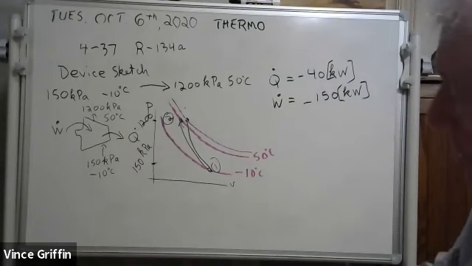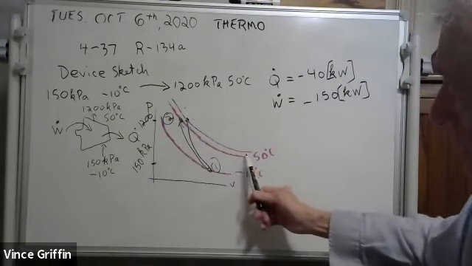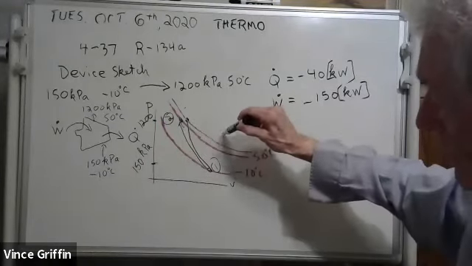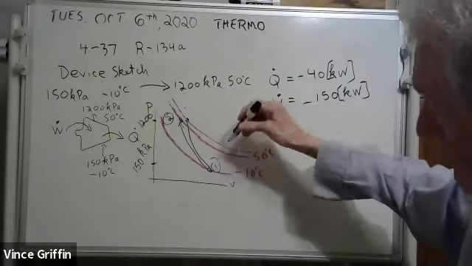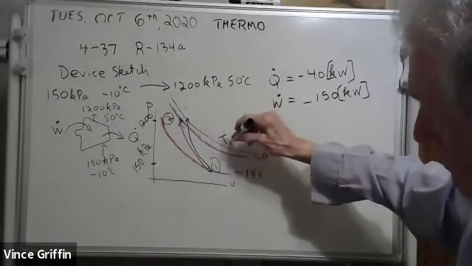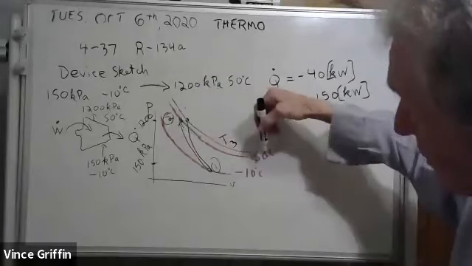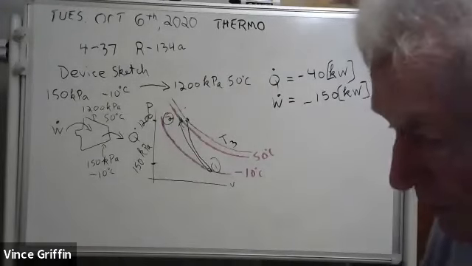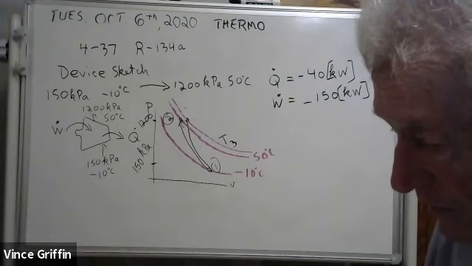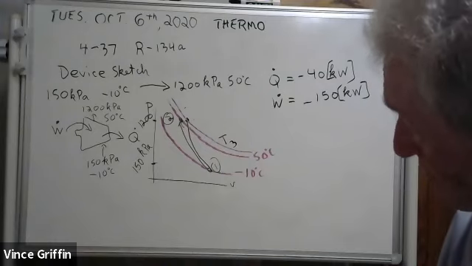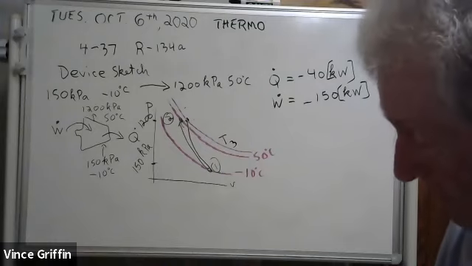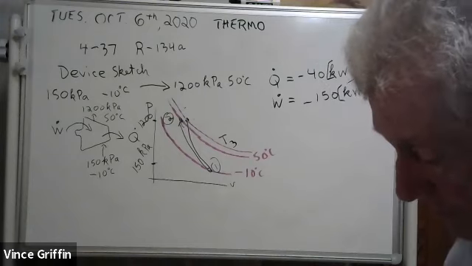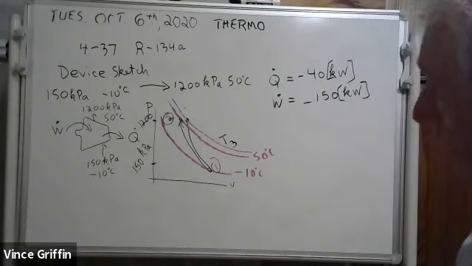Now, I could show you exactly what this new temperature would be. Call it T3 or something. It would be hotter than 50. And I could show you what it was, but we got other fish to fry right now. But there's your PV diagram. Now let's do our first law and solve this problem.